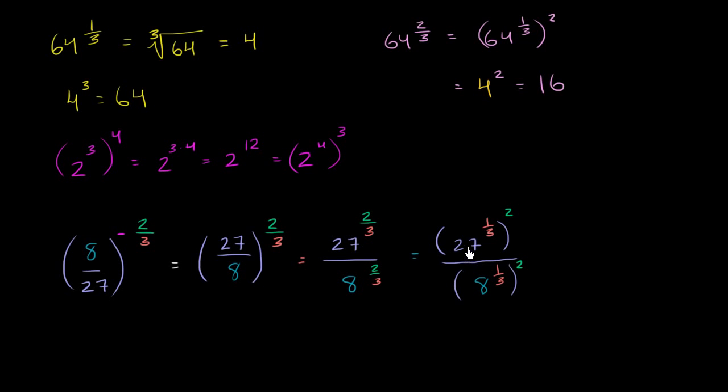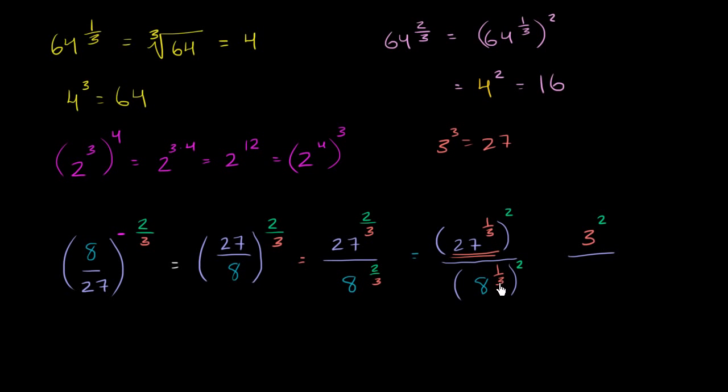So what's this going to be? Well, 27 to the 1/3 power is the cube root of 27. It's some number, and that number times that same number times that same number is going to be equal to 27. It might jump out at you already that 3 to the 3rd is equal to 27, so 27 to the 1/3 is equal to 3. So in the numerator, we're going to end up with 3 squared. And in the denominator, what's 8 to the 1/3 power?